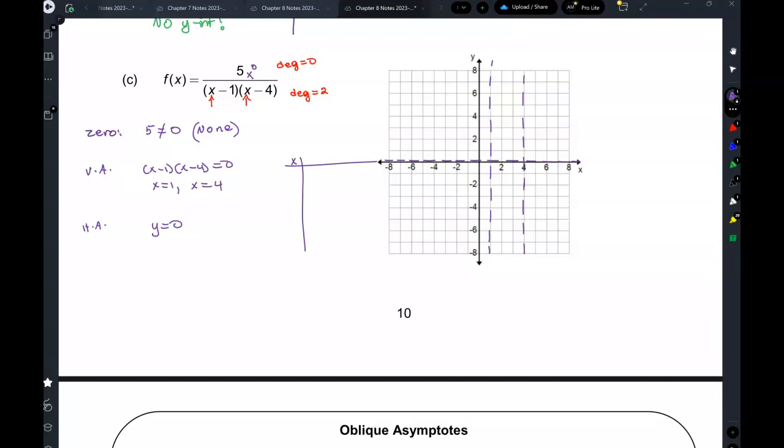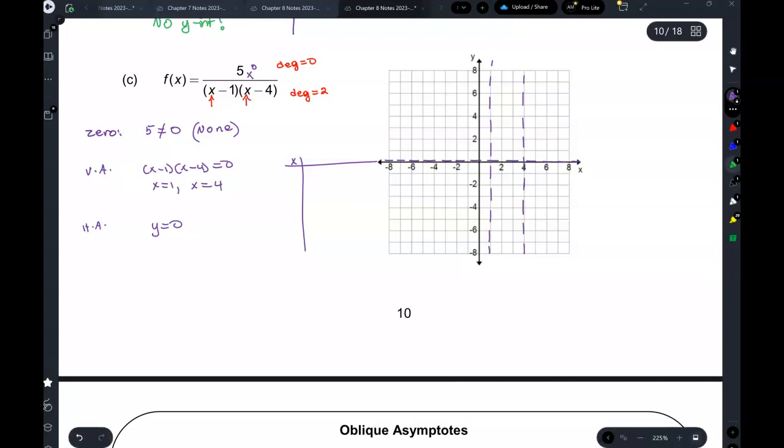Now for the first time, I don't just have 2 regions, I have 3 regions. And we know that the graph never crosses the x-axis, so each part is either fully above or fully below the asymptote. Now we have to be smart and pick points from each of the regions.